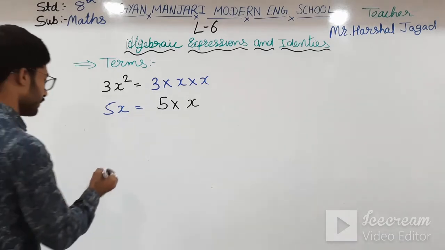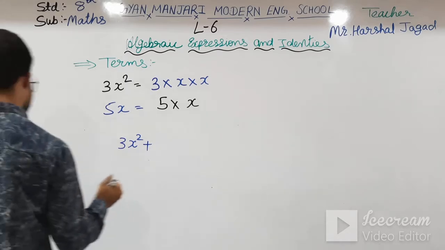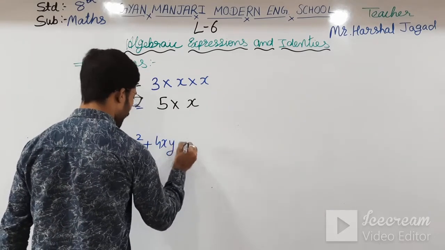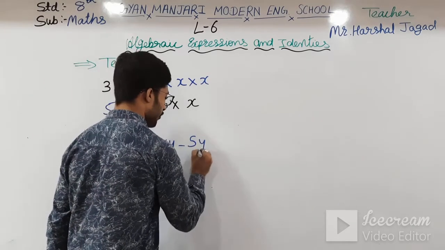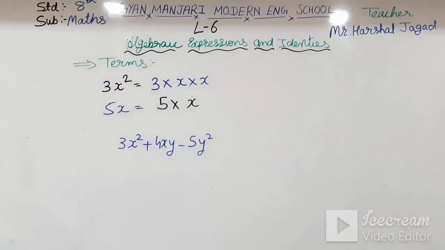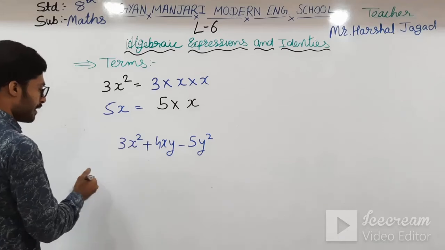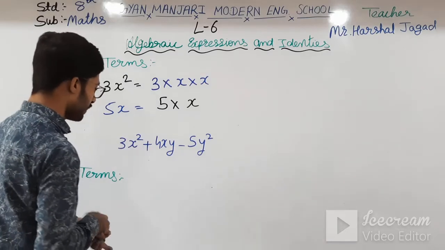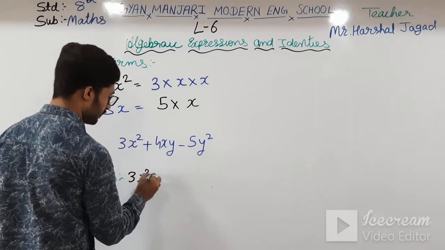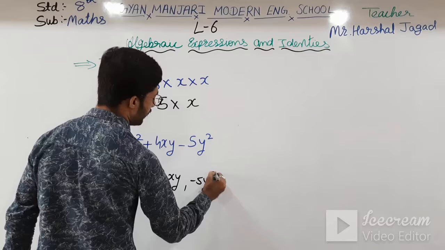3x square plus 4xy minus 5y square. Okay students, so this is an example, and its terms are 3x square, 4xy and minus 5y square.